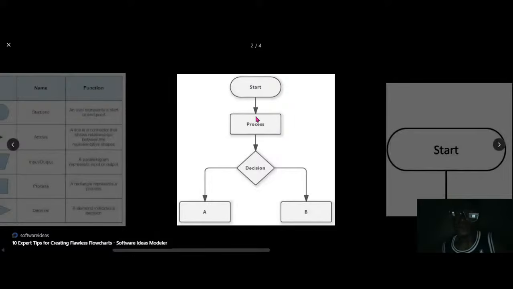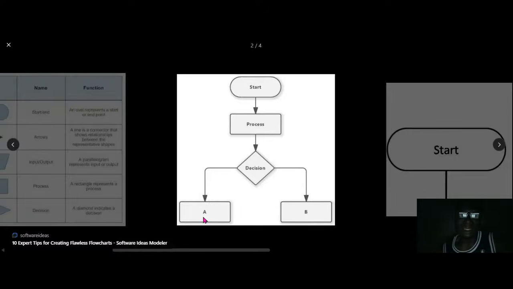You can see that the connector, which is the arrow, also called a line, is connecting start to process, which means after I have started, I initiated a process. The arrow shows the direction of flow, from start to process, and from processing I will have a decision to make, because the diamond represents decision, and from making a decision I can have output.